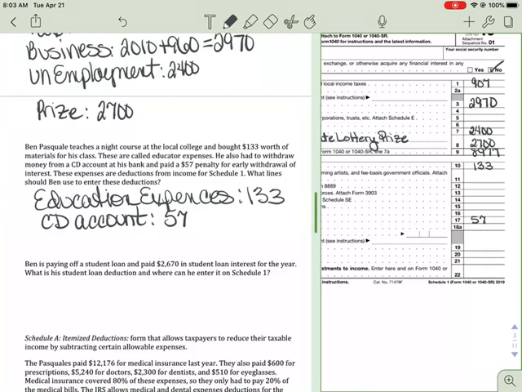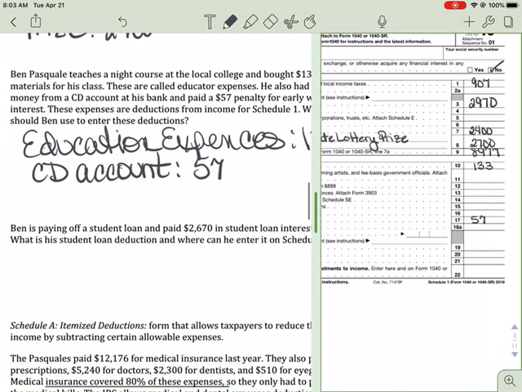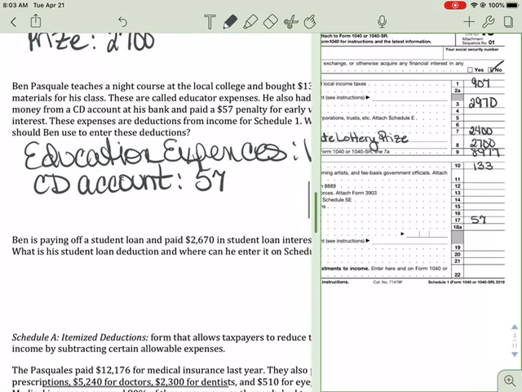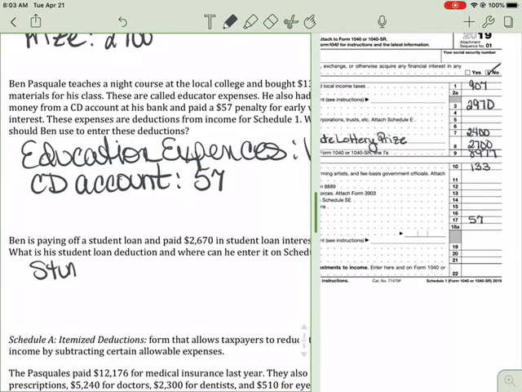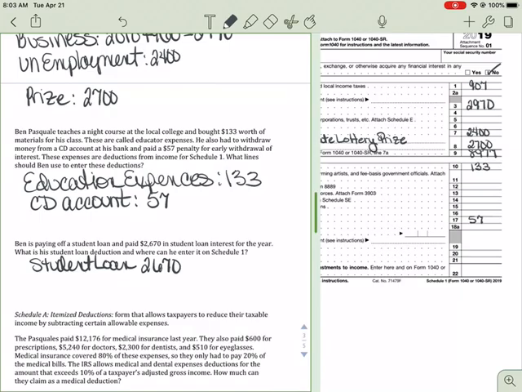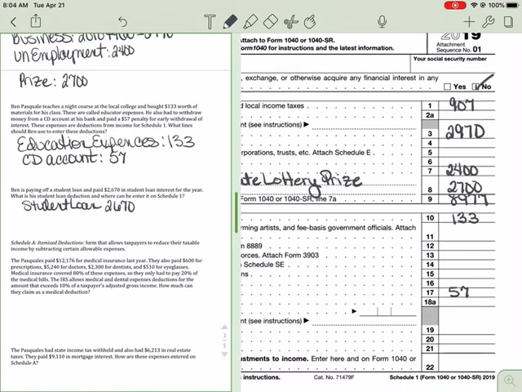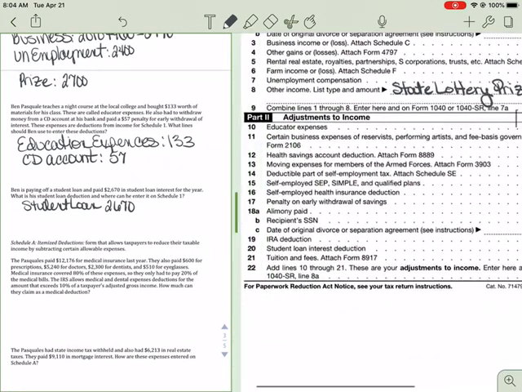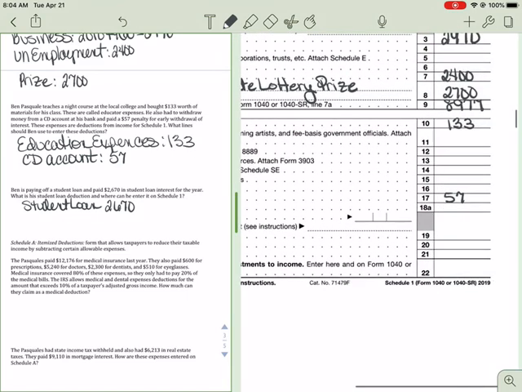Okay, now, as we said, he's going to be paying off her student loan and paid $2,670 in interest. So his deduction, where is it going? So let's see, there we go, student loan interest deduction, that's line 20.